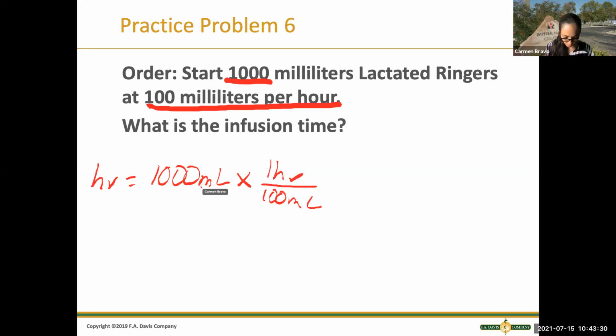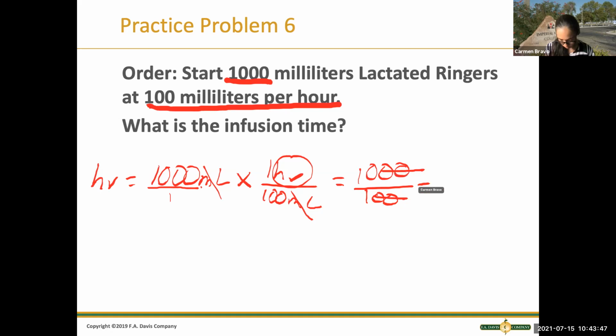If you started with the mLs, that's the top, so you for sure have to have the mLs on the bottom and then the 1 hour. It's asking me the infusion time. Cancel, cancel. I can get rid of 2 zeros, 10 divided by 1. It's 10 hours again, so it will be completed in 10 hours.